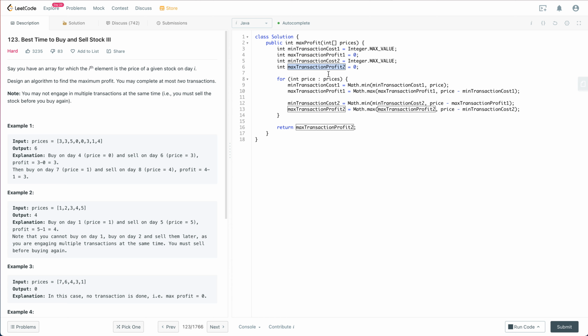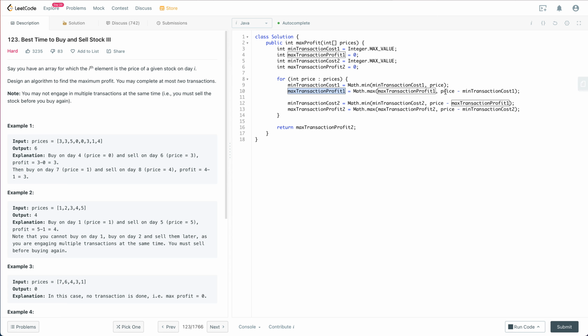And this one, max transaction profit 2, is the maximum profit we could get from the second transaction. So we simply go through the prices array. We compute the minimum transaction cost, which is the minimum within the subarray from the beginning to the current position. And for the maximum transaction profit, there are 2 options.